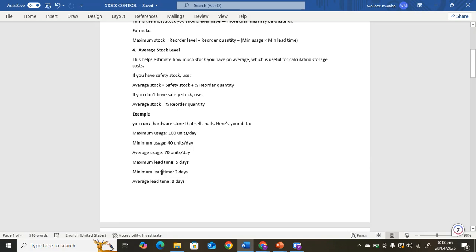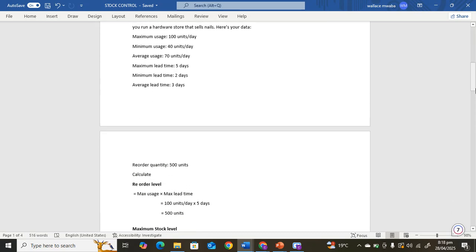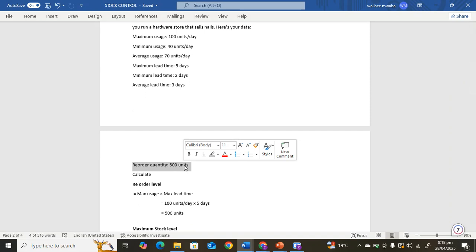The average lead time, on average how long they wait for their stock to come in, is 3 days. Reorder quantity is 500 units. So every time they order nails, they order 500.